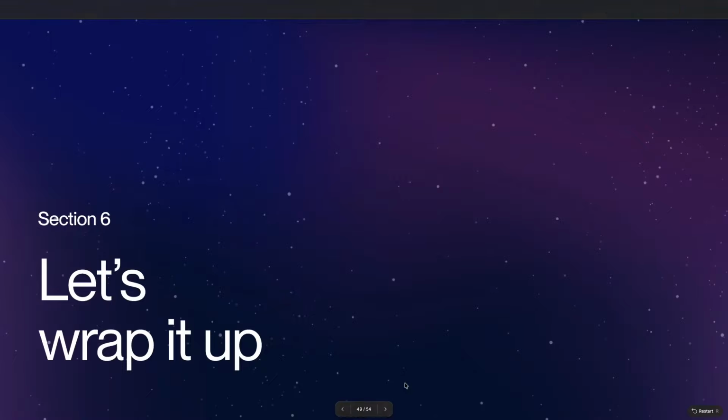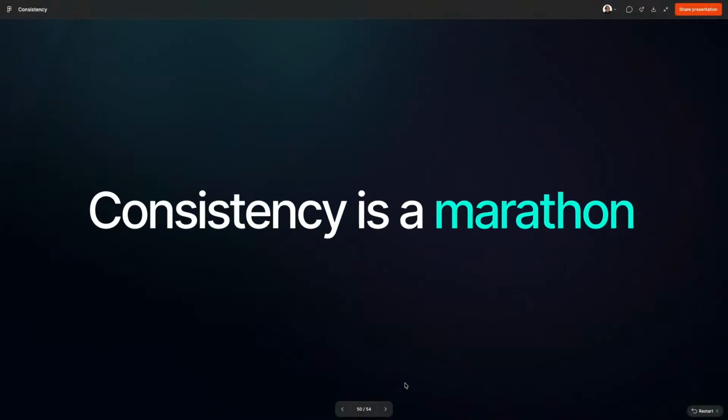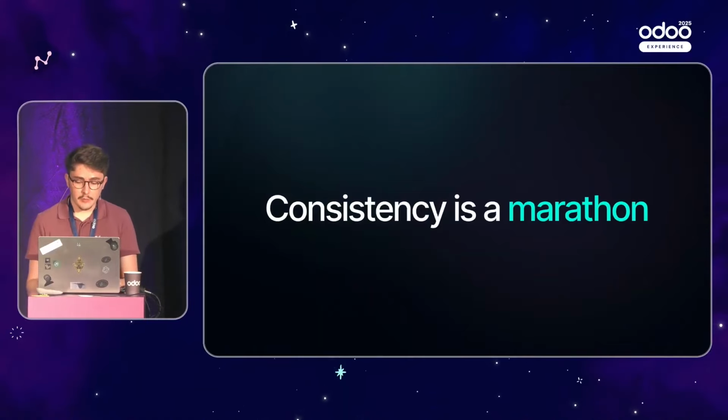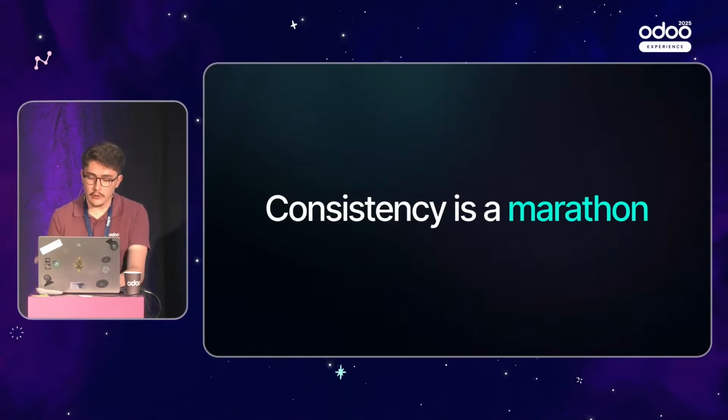So to wrap it up, I think one key piece of information to keep in mind is that consistency is a marathon. I explained to you that you cannot achieve something perfect in the first iteration. You will need to refine, you will need to fail, and it's okay to fail because you will learn some stuff, you will evolve.